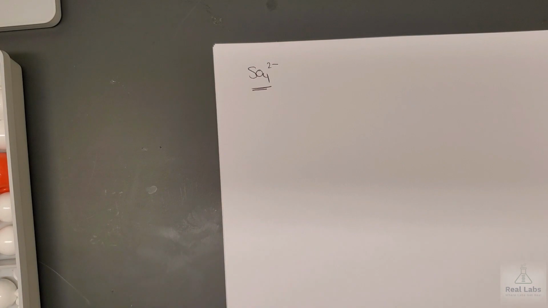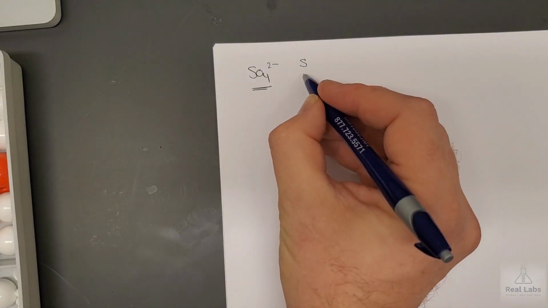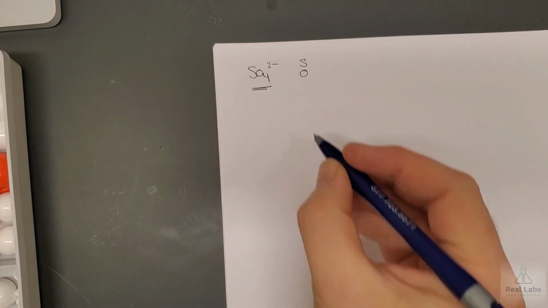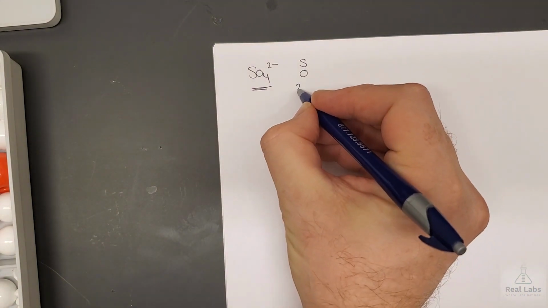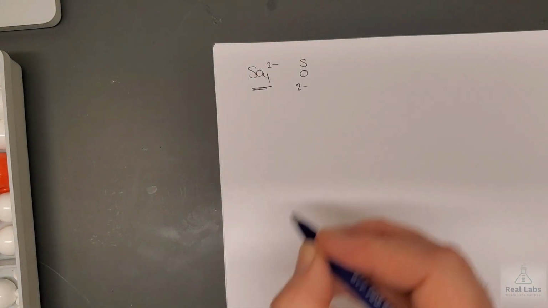How do we calculate the valence electrons for this? Well, we start by doing the same thing. We say to ourselves we have a sulfur present, we have an oxygen present, but we also have a 2- charge present, right? I'm just going to treat the charge separately.